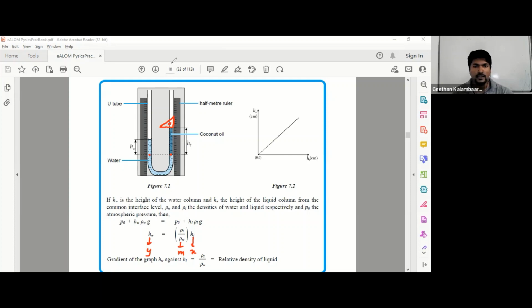You go to this position, you get a reading, you slide it to this position and you get a reading. So you exactly find the height values without making an error. That is why we need a set square in this experiment.